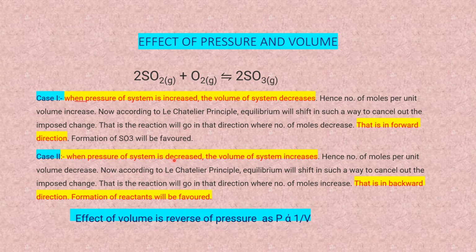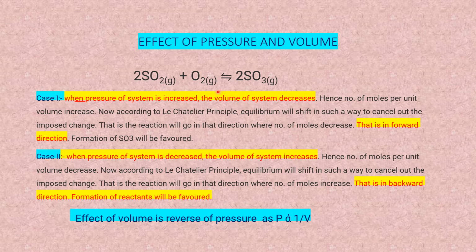Similarly, when pressure of system is decreased, it means number of moles per unit volume decreases. The equilibrium will shift in such a way to counteract the effect of decrease in number of moles.